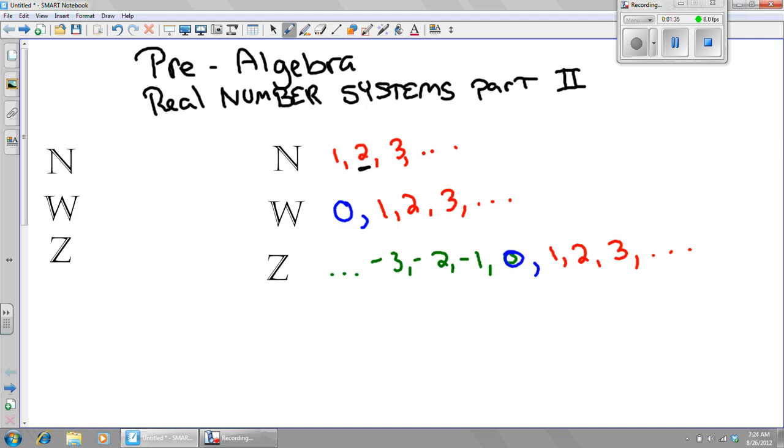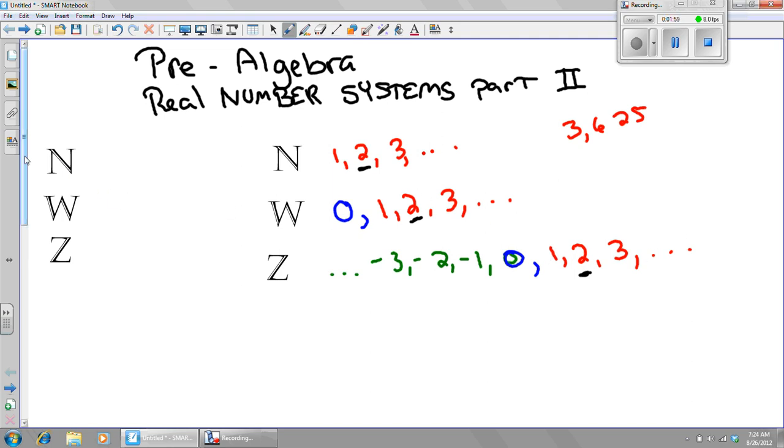The 2 shows up in the natural, it shows up in the whole, and it shows up in the integers. These little dots mean it goes forever. So if I pick a really large natural number, say like 3,625, that's going to show up in the wholes and in the integers eventually. So I'm color coding them.